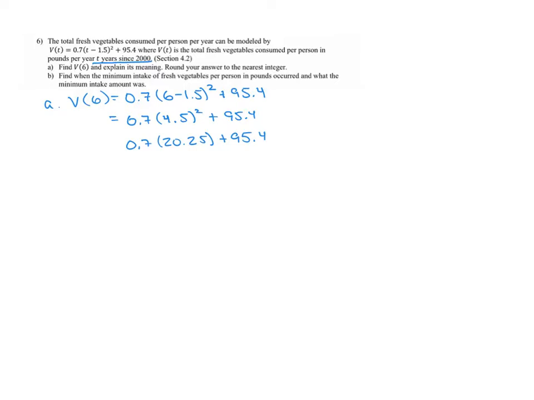If we multiply that by 0.7, we get 14.175 plus 95.4, which gives us 109.575.